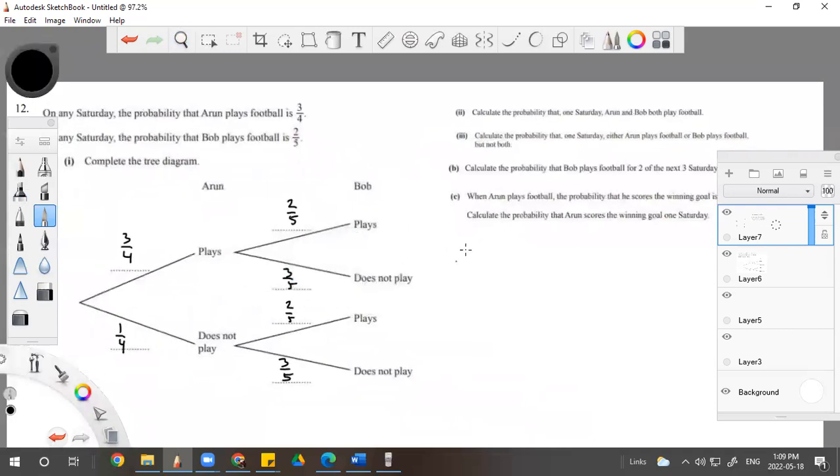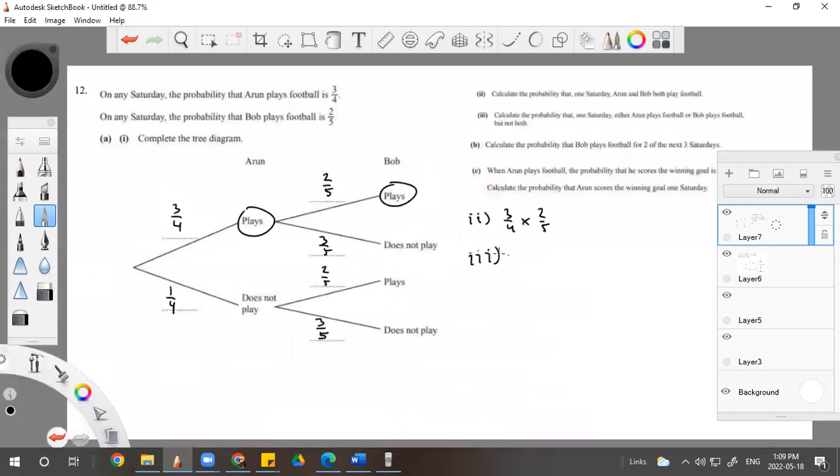Now question number 1. Question 2: calculate the probability Aaron and Bob both play football. Dua-duanya main, play and play, so 3/4 times 2/5. Hitung sendiri. 3. Calculate the probability that one Saturday either Aaron play football or Bob play football but not both. Nggak boleh dua-duanya. Aaron play, Bob don't play, or Aaron not play, Bob play.